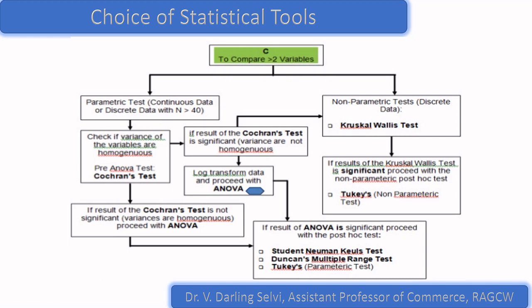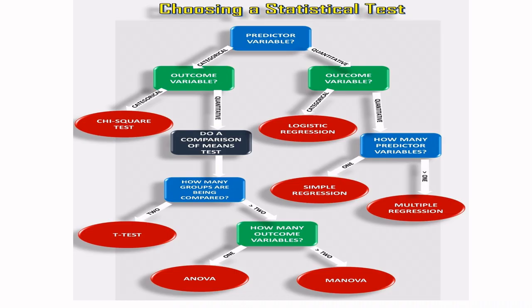Then for non-parametric tests, the Kruskal-Wallis test and the Mann-Whitney test will also be applicable. If it is significant, you can go for Tukey's test. The Kruskal-Wallis test is for more than two variables, and if it is only two, we go for Mann-Whitney. If it is significant, then we can proceed with Tukey's test also. That too is available in the same dialog box in SPSS.